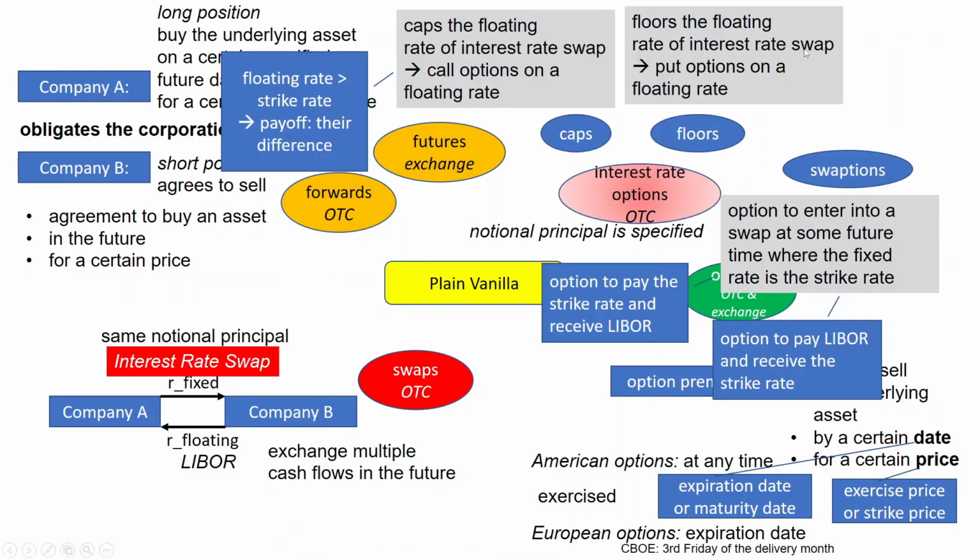So now we have interest rate options. This is just for the OTC market, and in this case we can find swaptions, so we can write out swap contracts with an option built in.